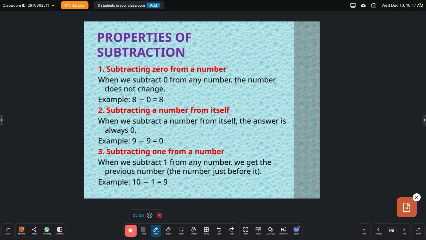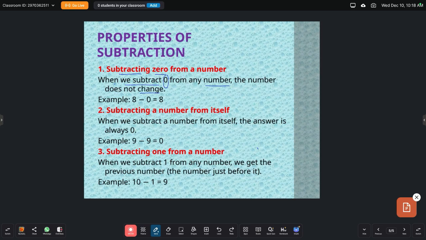Now, let us move to the properties of subtraction. We have the first property, that is subtracting 0 from a number. It means when we subtract 0 from any number, the number does not change.